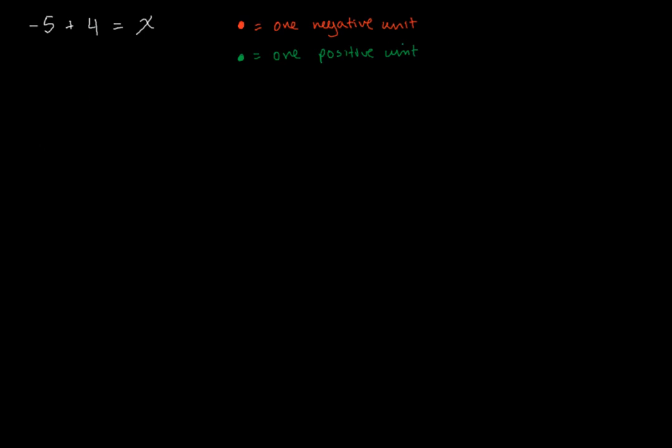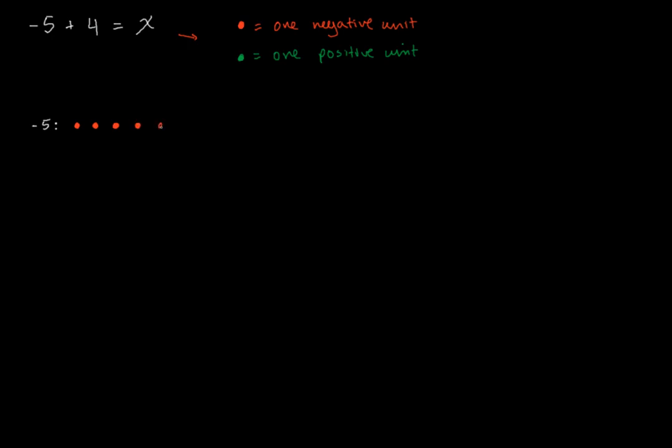And in the case of this problem, if we're going to try to represent this problem using these dots, I'm going to take my -5 and write that right here. And I'm going to represent that using orange dots because that's equal to one negative unit. So since I have -5, that's 5 negative units, I'm going to represent that using orange dots.